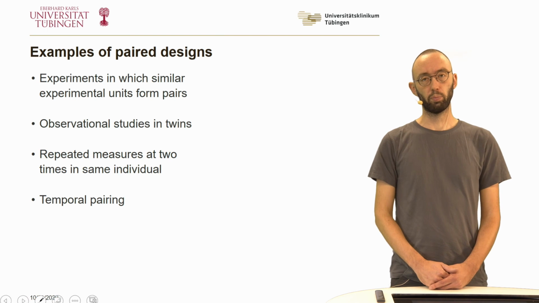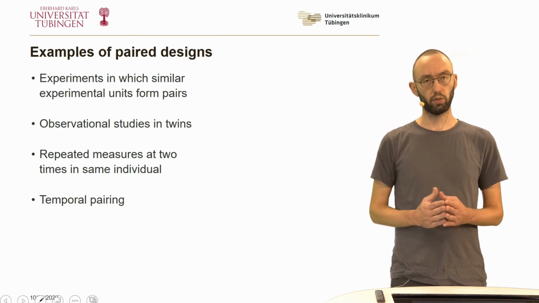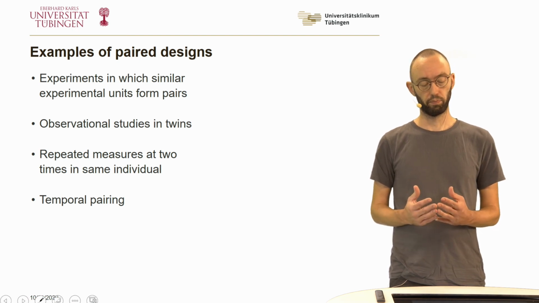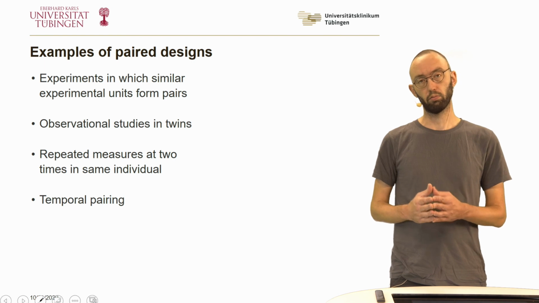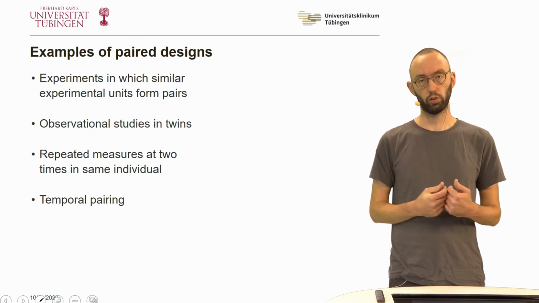What are examples where paired designs matter? Sometimes experiments are done in which similar experimental units can form pairs. So let's say offspring of the same original experimental animal.